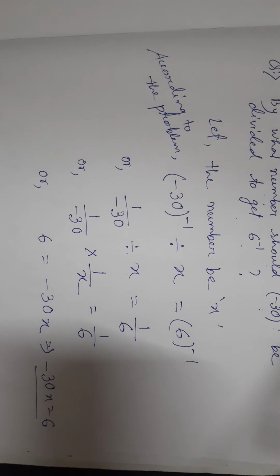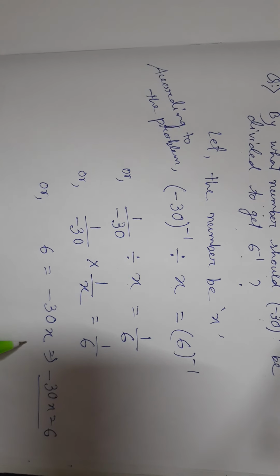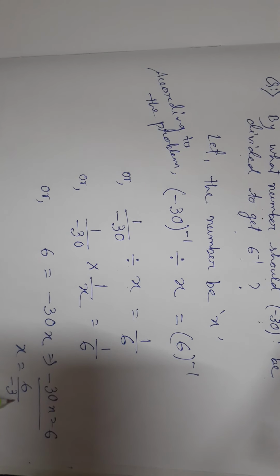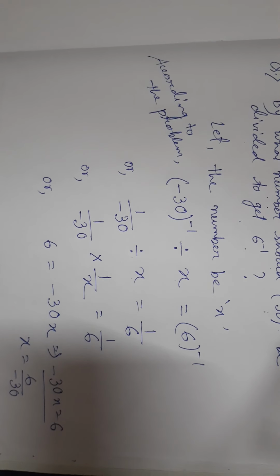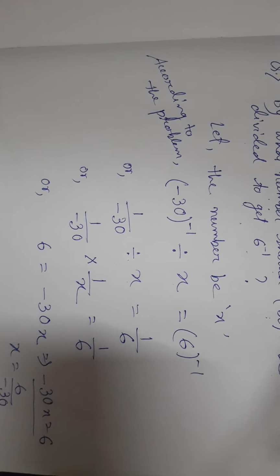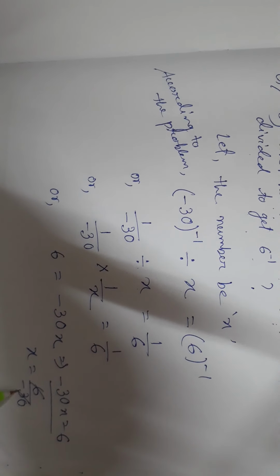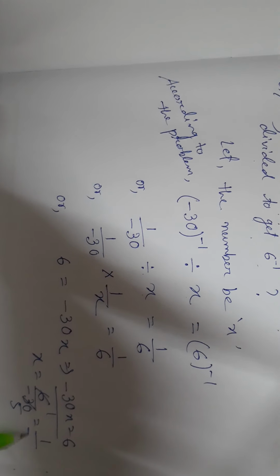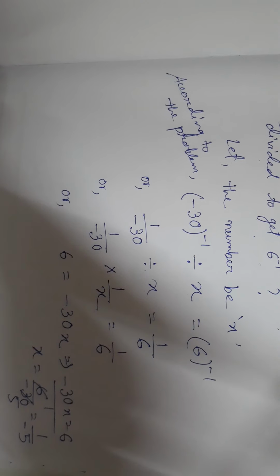So minus 30x equal to 6 means from here we can write x equal to 6 by minus 30. 6 by minus 30 is basically 1 by minus 5. That means our answer is 1 by minus 5.